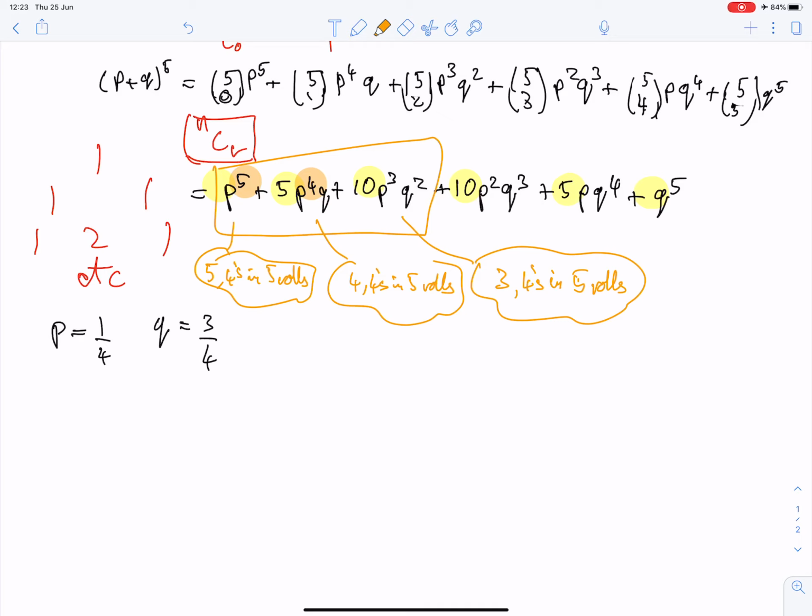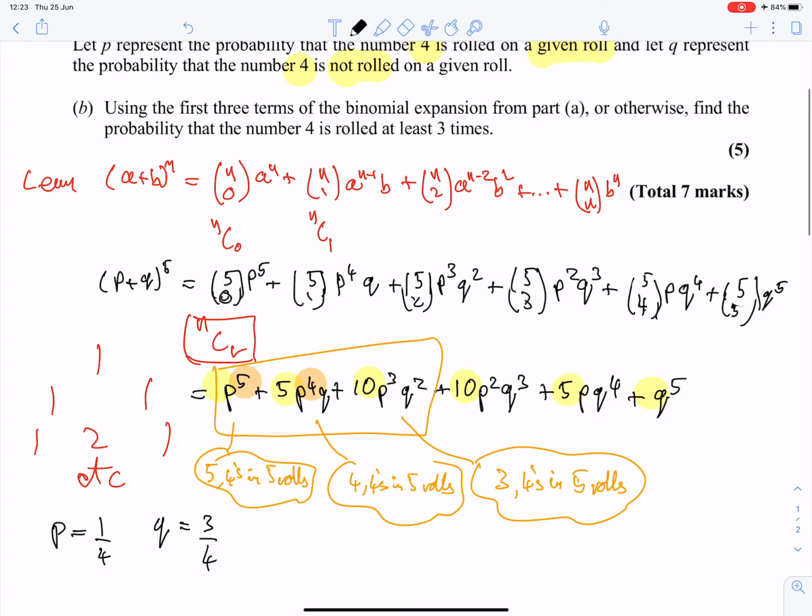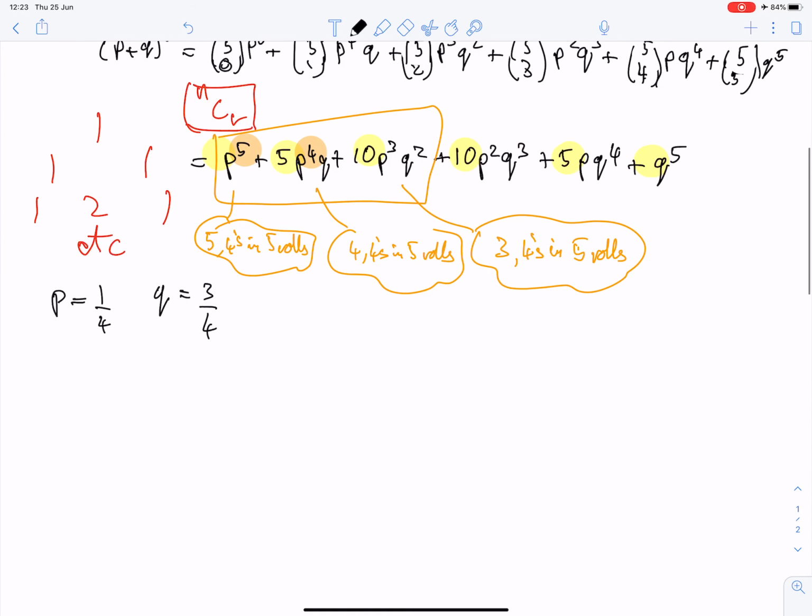So what we want from this answer is, using the first 3 terms, the probability that the number 4 is rolled at least 3 times. So at least 3 times is those 3 added up.